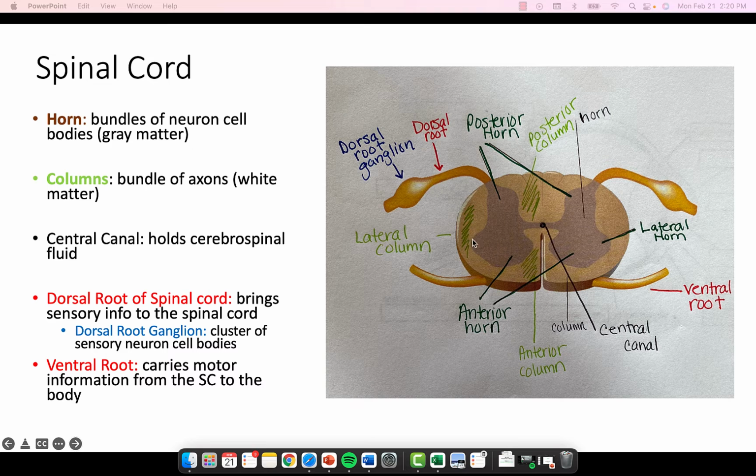This anterior horn is bigger with motor neuron cell bodies. So understand that the white matter consists of columns, and the gray matter consists of your neuron cell bodies, right? So cell bodies in the gray matter, axons in the white matter. And then understand whether you're looking at the ventral root versus the dorsal root, and whether or not this is a ganglion for the dorsal root.